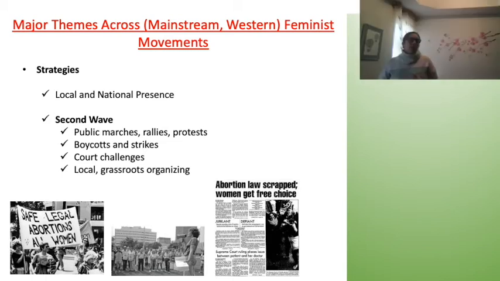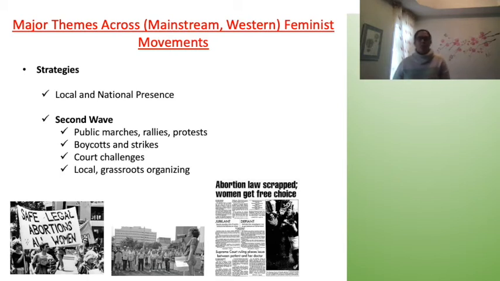The second wave of our feminist movement used some similar strategies, but also some new ones. We see a lot, again, of public marches and public protests happening in the West in the 60s and 70s over issues like reproductive rights and equal pay in these types of causes that were important to this second wave women's movement.